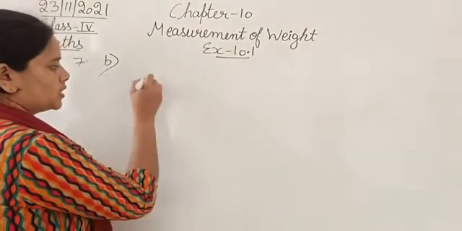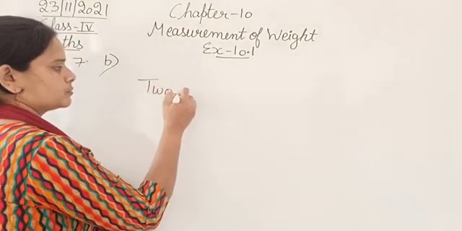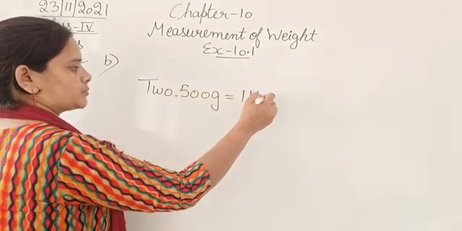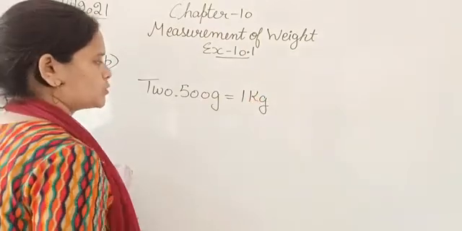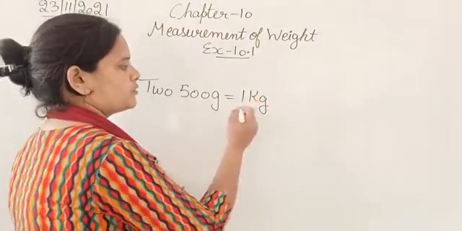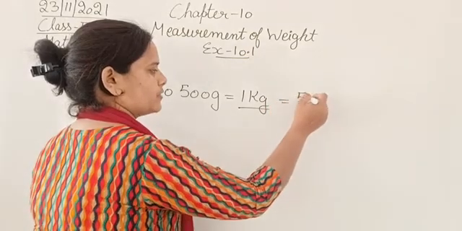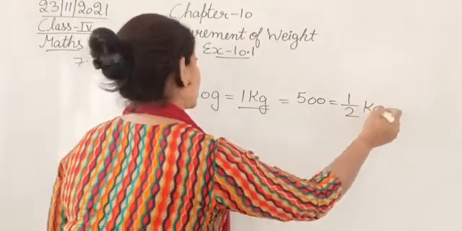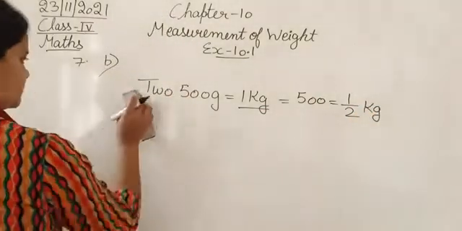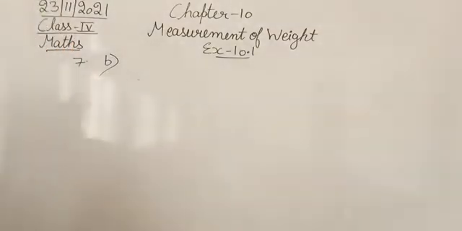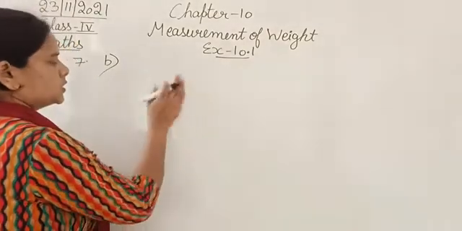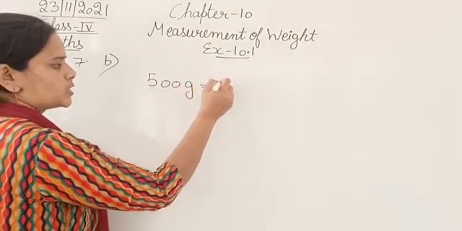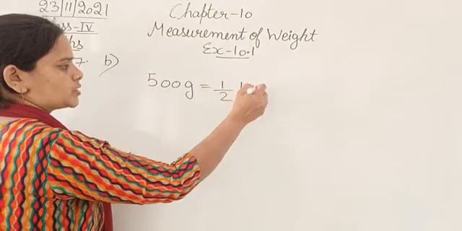Okay, if you remember, 1000 gram will be equal to 1 kg. That means if we take half of 1 kg, 500 gram is equal to half kg.